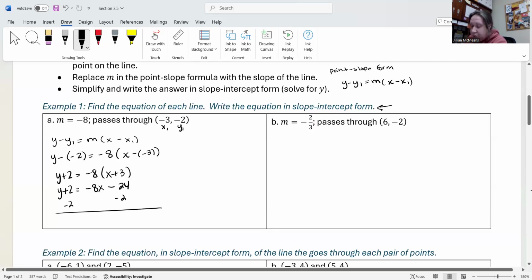And positive 2 minus 2 is just 0 on the left, so I get y plus 0 is y. And on the right-hand side, there's nothing to combine with the -8x, but I can combine -24 and -2, or -24 minus 2. Either way, I get -26. So this right here is the equation of the line.